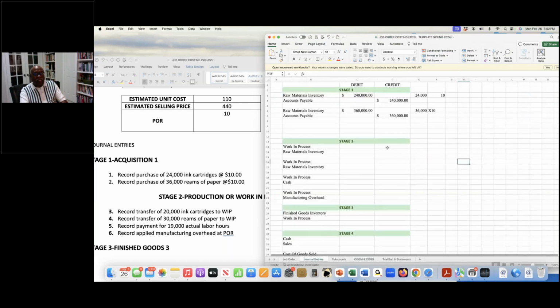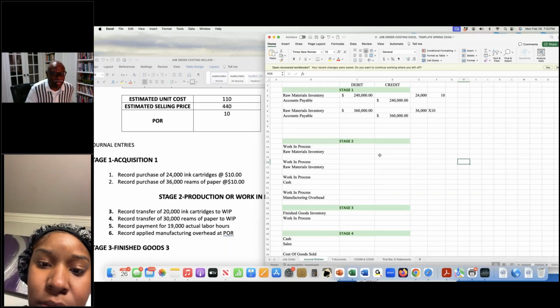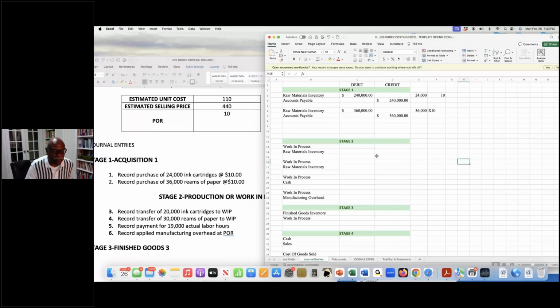Okay, what's going to happen in stage two now? We transferred in 20,000 ink cartridges. So how much ink is that going to be? 200,000. We always buy more than we need.